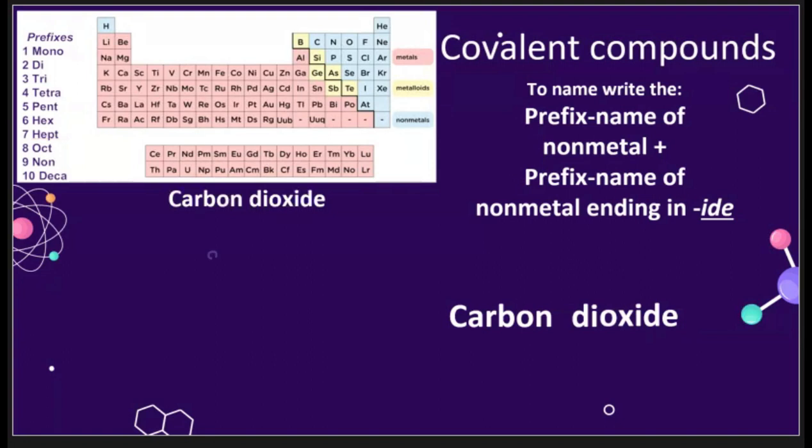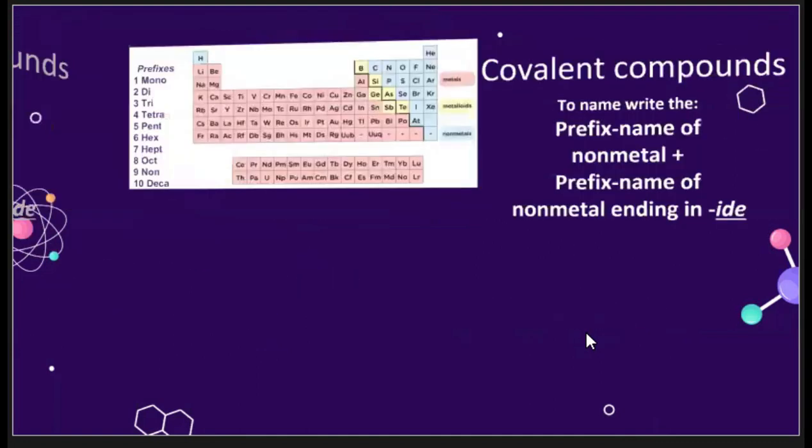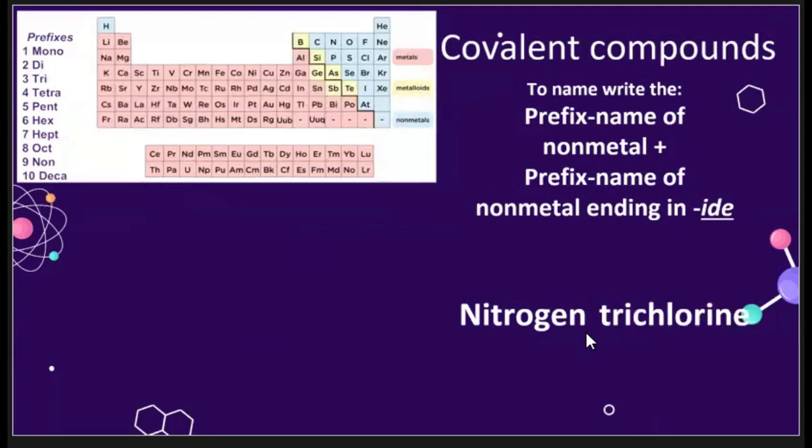So first write the chemical symbols. We have C for carbon, O for oxygen. Now we have di as the prefix of the second element, oxide or oxygen, that ends with IDE. The prefix di means 2. So we have CO2 for the chemical formula of the covalent compound carbon dioxide. Another one, nitrogen trichloride, which ends with IDE.